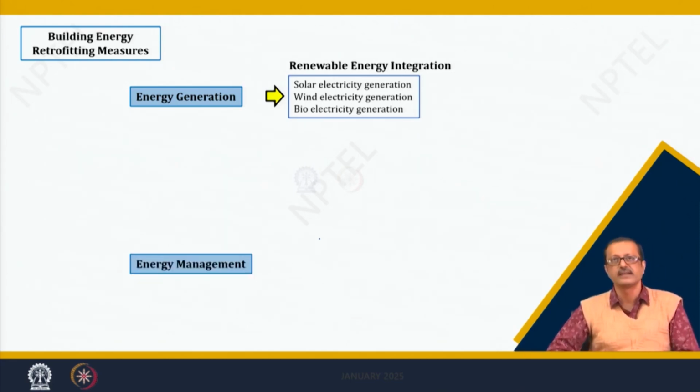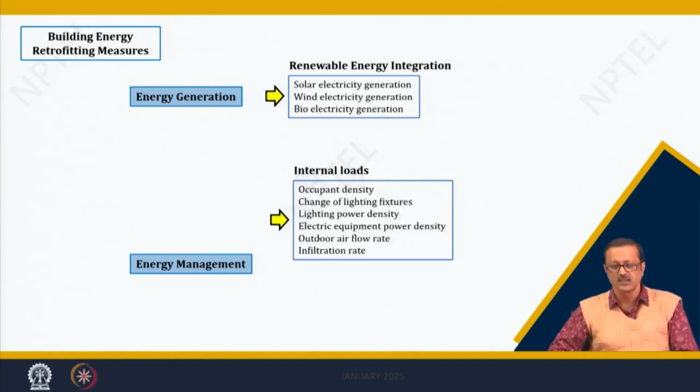The last one is energy management. In energy management, you can think of some kind of internal load distribution. We can optimize and reschedule in such a way that we can control the occupant density. We can change the lighting fixtures, and the lighting power density can also be changed.